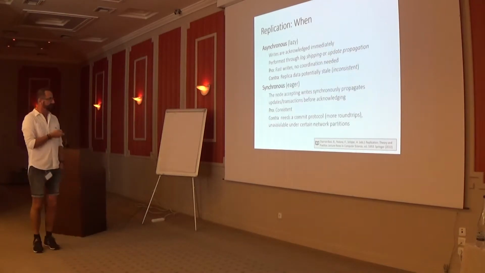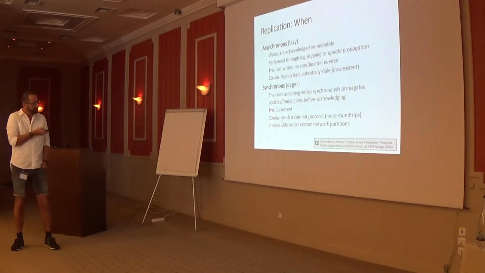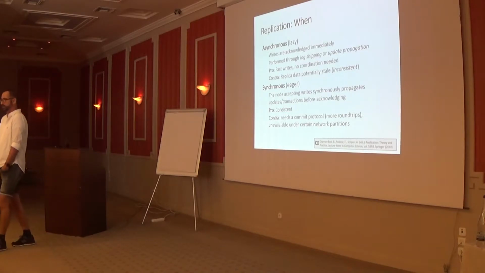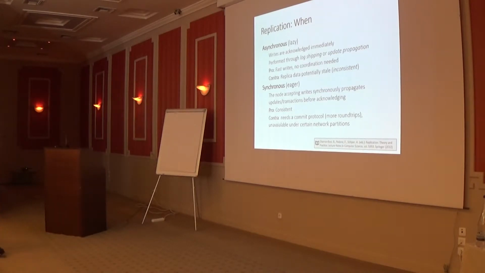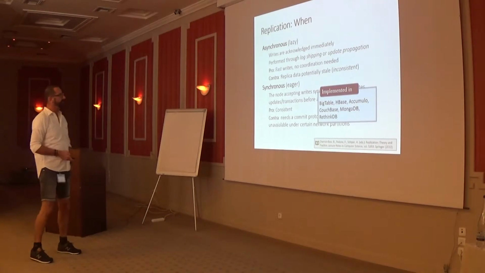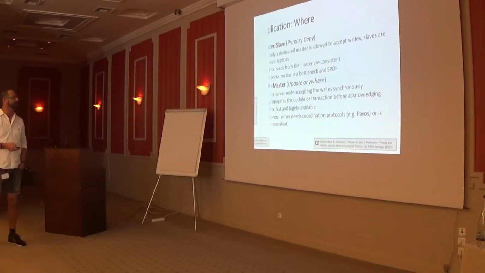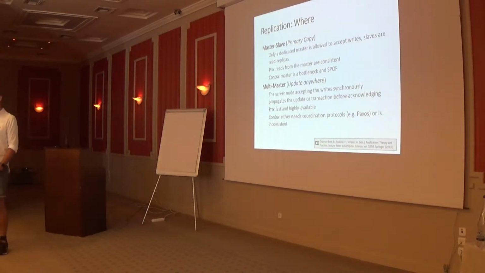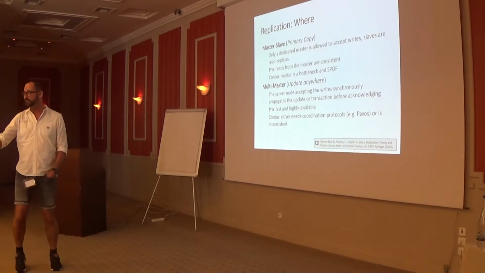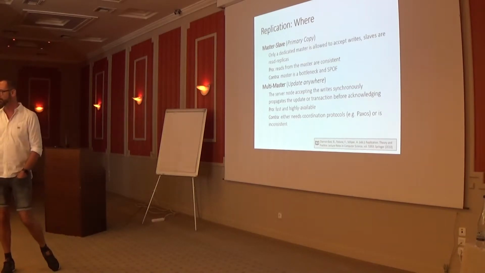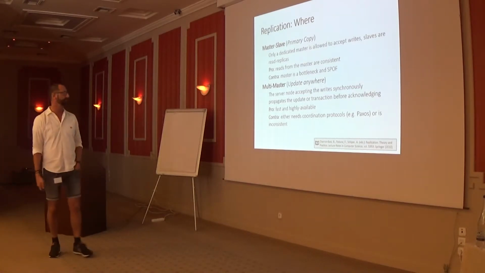Implementing these systems synchronously, eagerly, things are consistent, but it takes longer to do the coordination to keep things consistent. These are systems which are running synchronous. You have a master-slave setup. Only one master is allowed to accept writes, and it propagates these updates to the others, holding replicas of the same object.